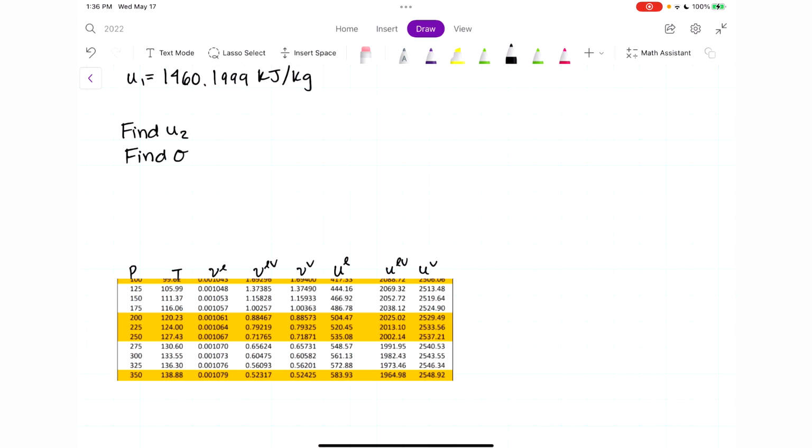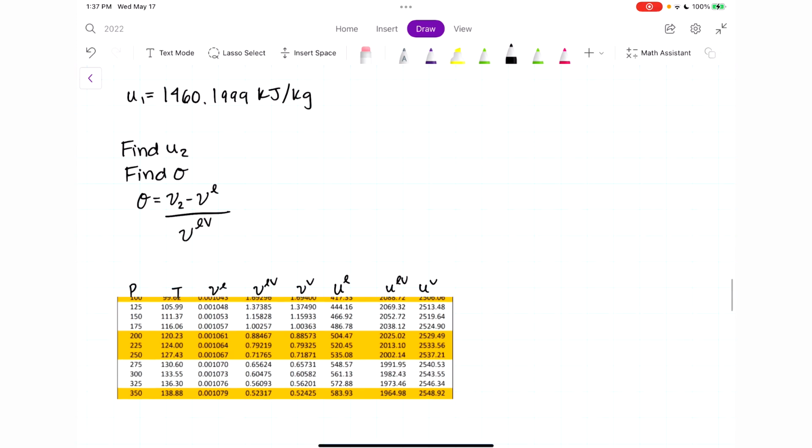We know the formula for quality is equal to the specific volume in state 2 minus the specific volume of the liquid phase, divided by the specific volume of LV.